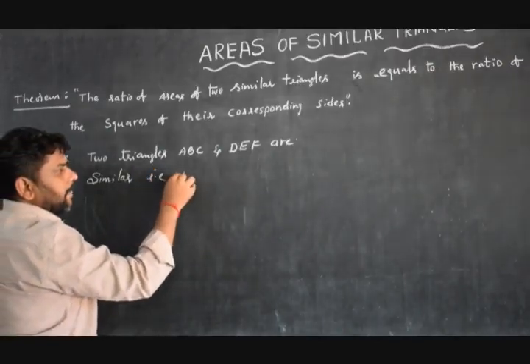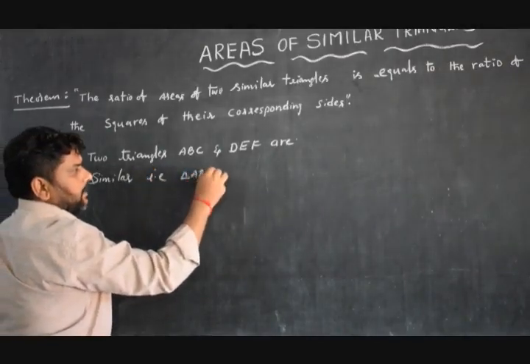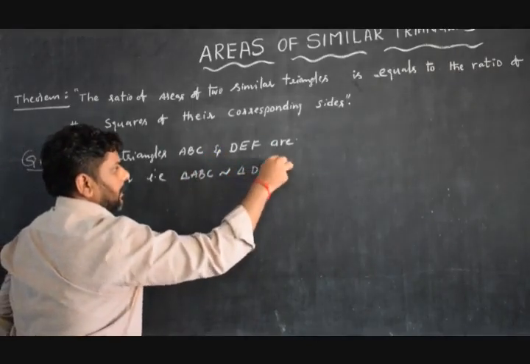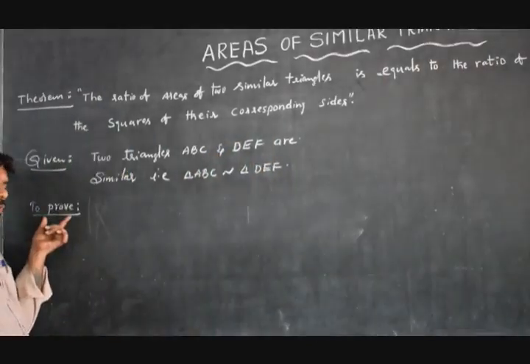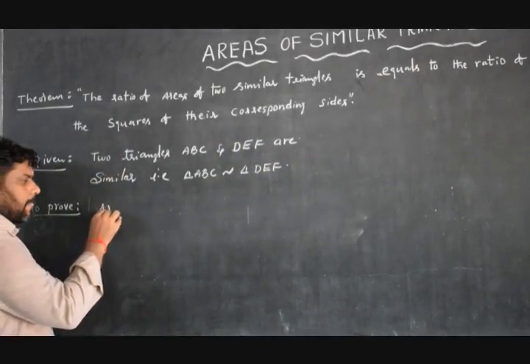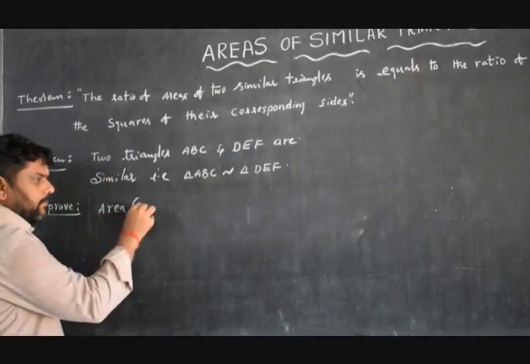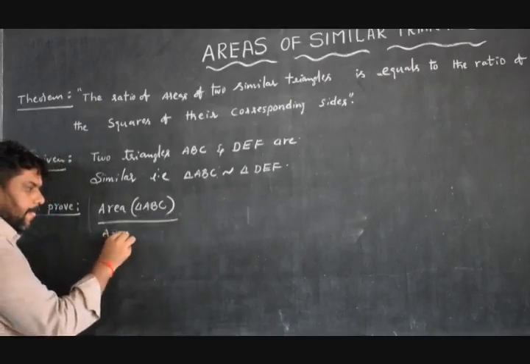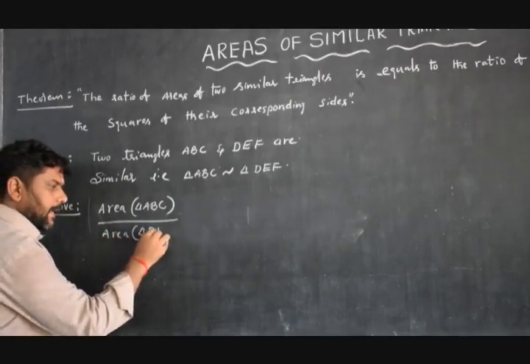That is, triangle ABC is similar to triangle DEF. To prove: area of triangle ABC by area of triangle DEF.